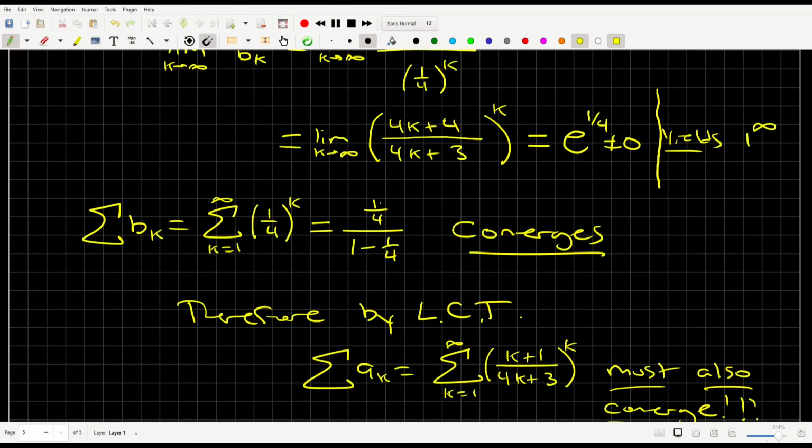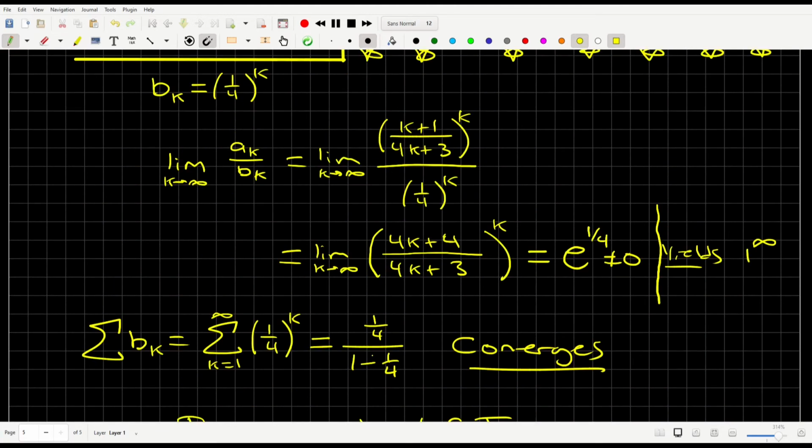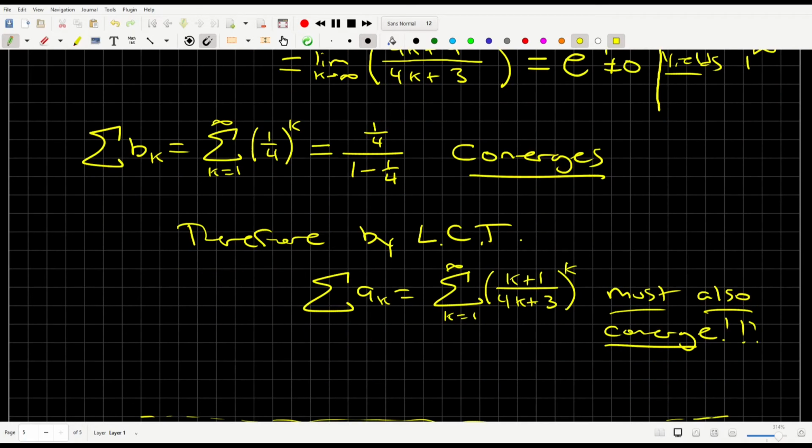Because the limit of ratios, ak over bk, is a non-zero constant, and therefore the comparison series has to have the same behavior as the more complicated series, and vice versa.